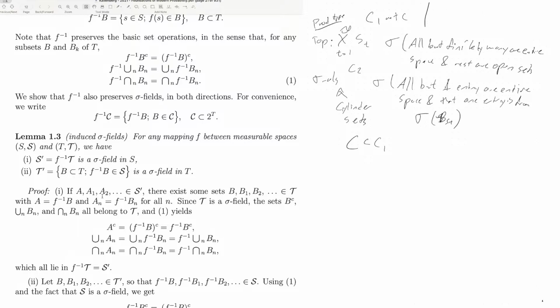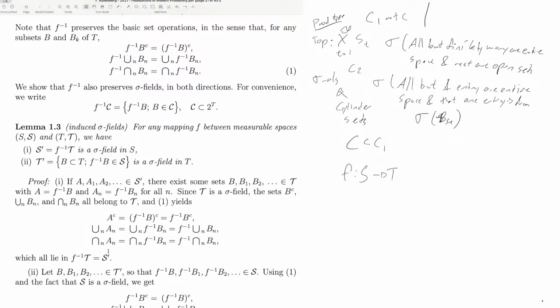We have a sequence in S prime. Let's see here. Blah, blah, blah. F is a function from S to T, let's just write it down to help remember. And if we have, all right, S prime is the sigma field induced by F. And there exist some sets B1, blah, blah, blah.